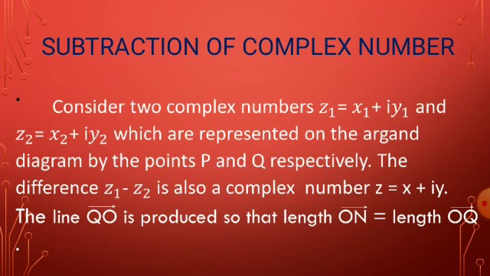Now consider two complex numbers. Z1 is equal to x1 plus iy1 and z2 is equal to x2 plus iy2.